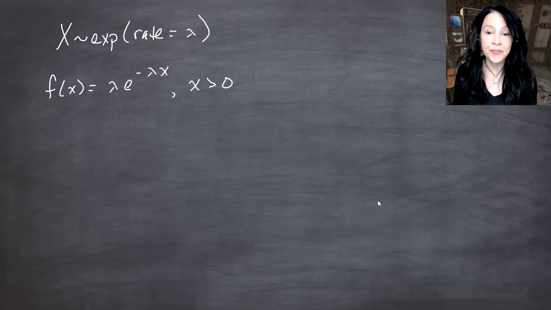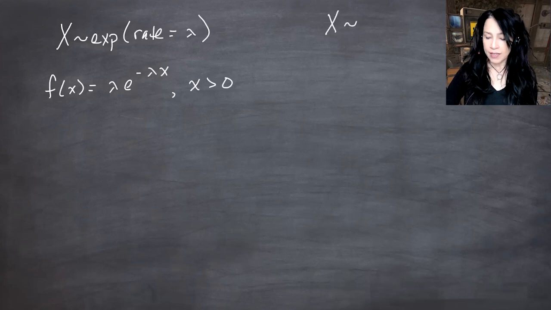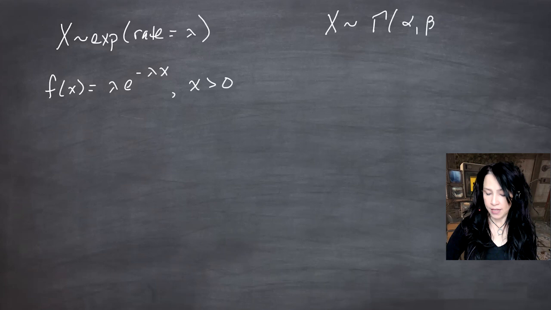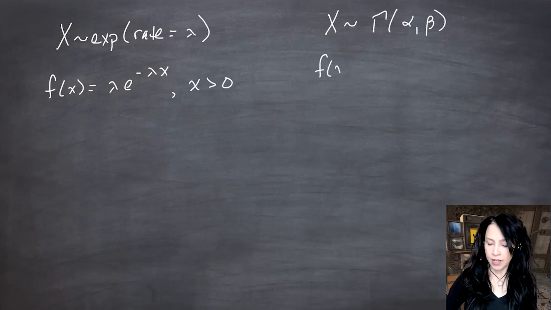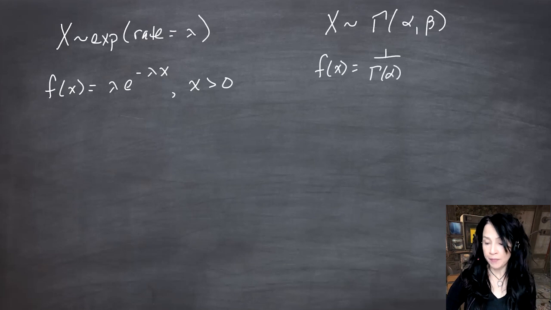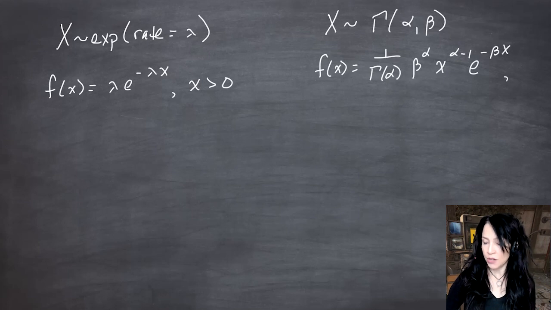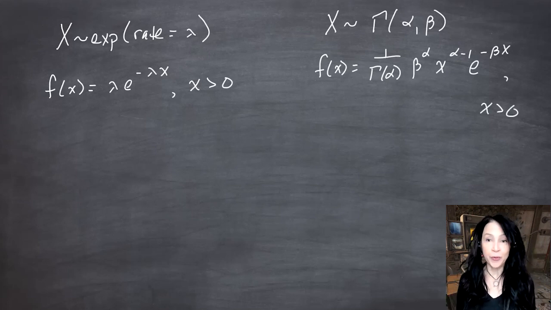It doesn't matter. And it's 0 everywhere else. So I'm going to stop writing the piecewise part right now. And if you have X having a gamma distribution with parameters alpha and beta, the PDF there is 1 over the gamma function evaluated at alpha, beta to the alpha, x to the alpha minus 1, e to the minus beta x. And that's also for x greater than 0.